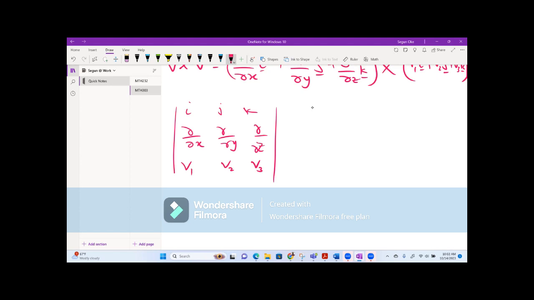Then we need to use determinant theorems to find this.